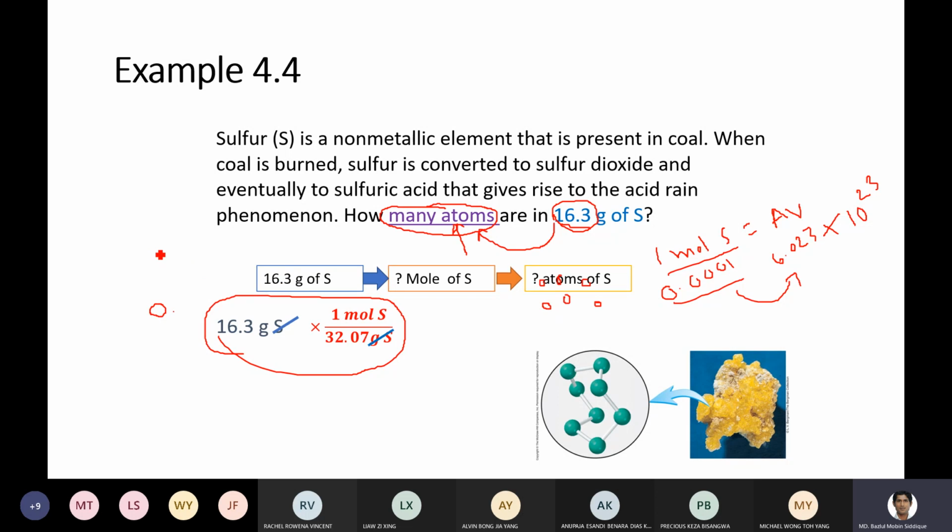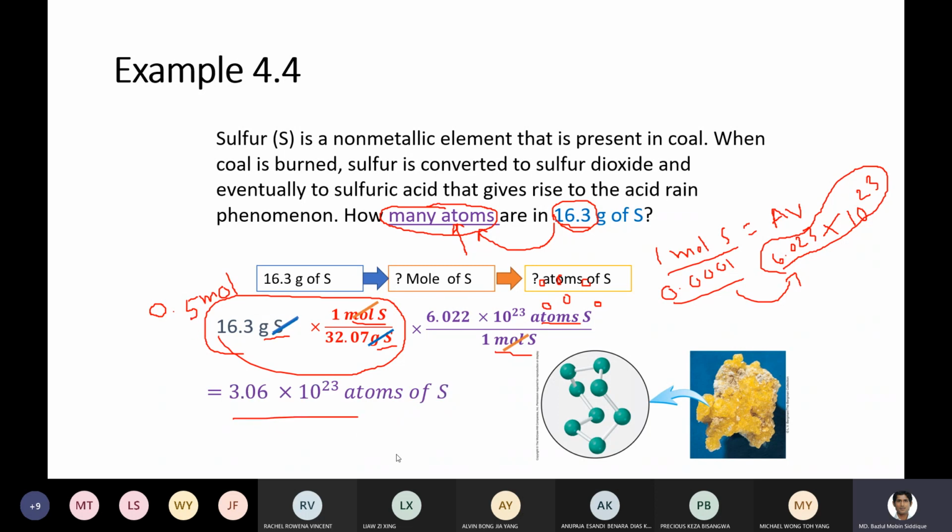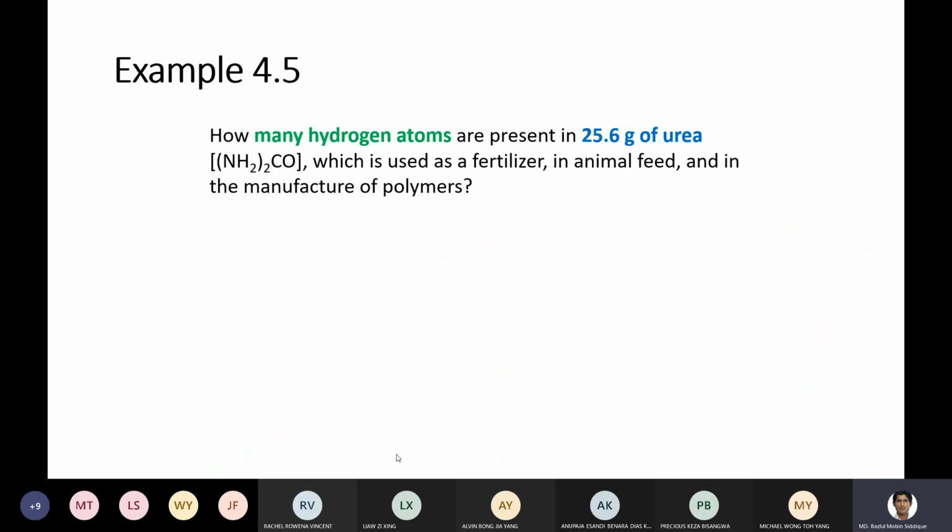So 0.5 moles of sulfur are there. If 1 mole of sulfur has this many atoms, 0.5 mole will have half of it, so we multiply and find the number of atoms. Since it is a unit label calculation, we have to put the units accordingly, and this shows the number of atoms we will have in 16.3 grams of sulfur.